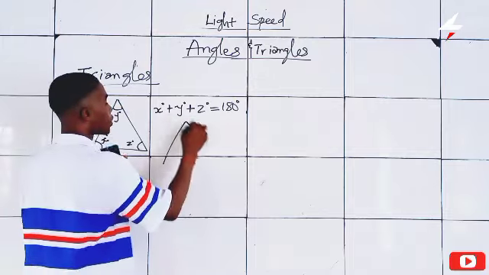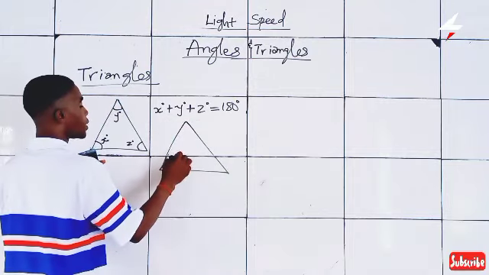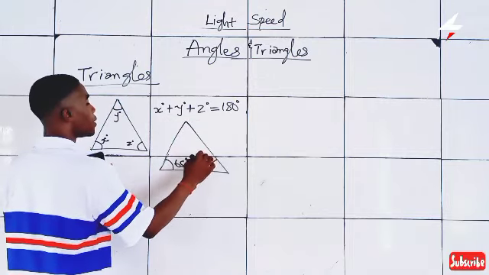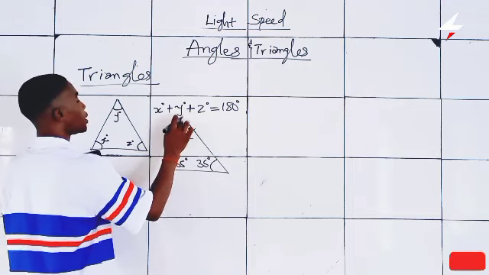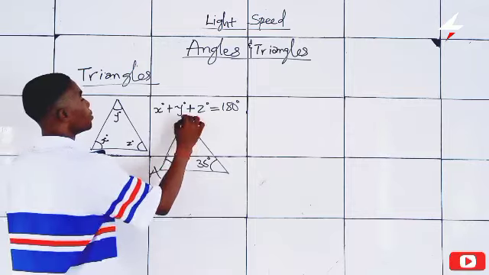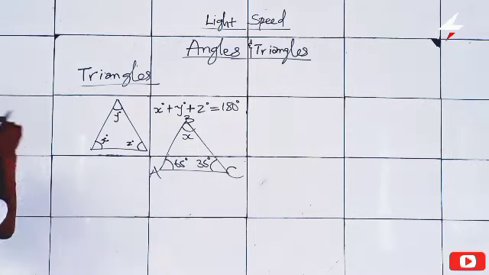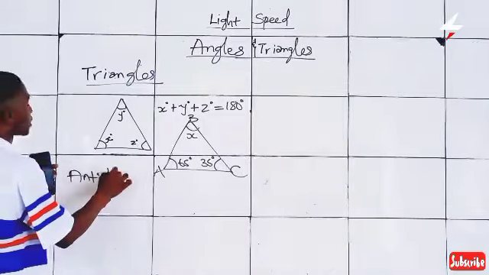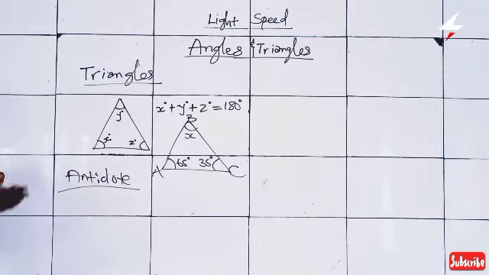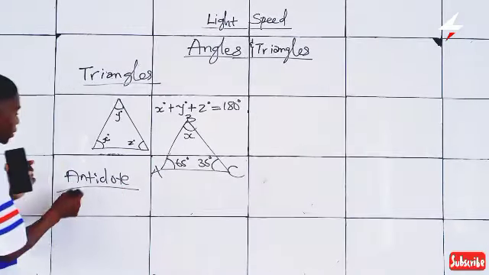Now, let's say we'll have a question like this. They said here is 65 degrees. They said here is 35 degrees. They said find X. This can be A, B, C. So we'll do that very fast. We'll write our antidote, which is the cure to the answer. Because the answer is kind of like a pandemic, we have to give the cure to it.